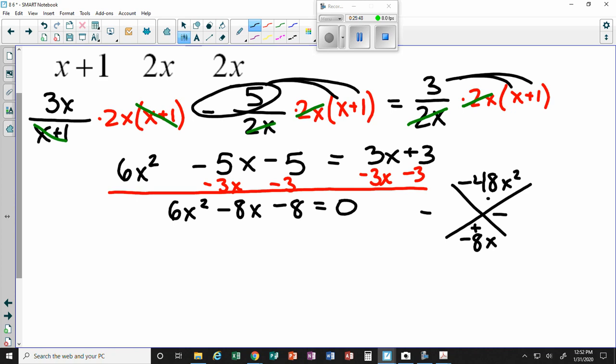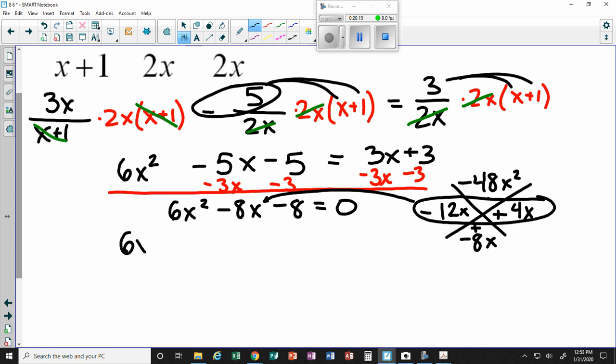So I need a negative and a positive, right? Or 12. And I gotta have what? Negative 12x, positive 4x. So the whole reason why I do this is so now I gotta figure out, okay, what do I need to replace this middle term with? So that negative 8x, I replace it with negative 12x plus 4x.